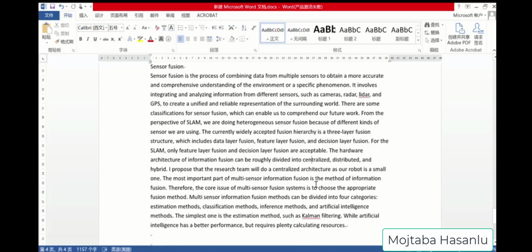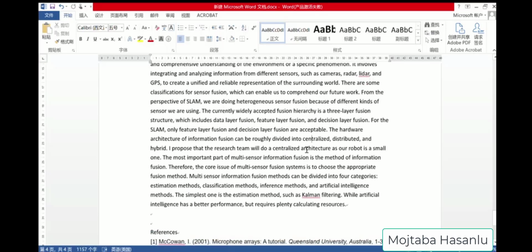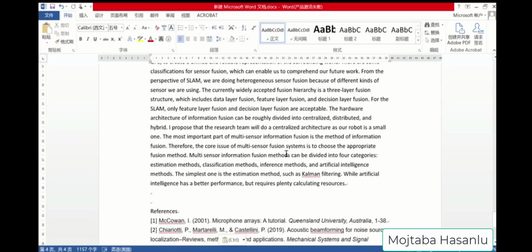We're also going to use the centralized type of hardware architecture of information fusion because our device is really small, so we don't need to use the distributed and hybrid versions like something in a very modern car. I think the most important part is the algorithm or method of information fusion.